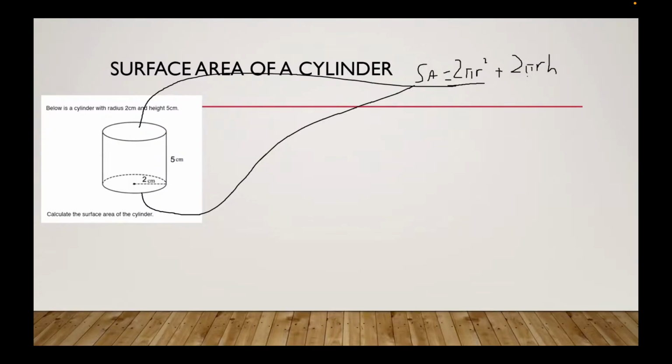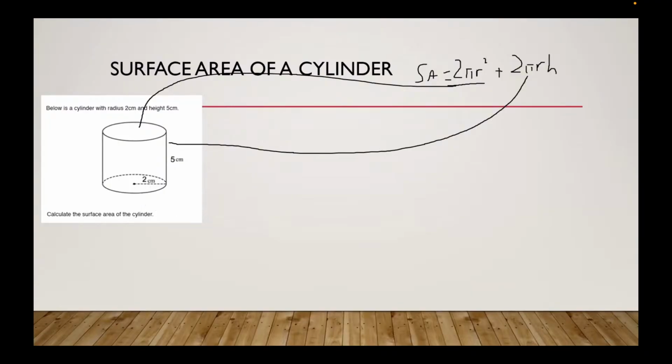And the 2 pi r h part of the formula just refers to the rectangle that is wrapped around the cylinder. So a cylinder is made of two circles and one rectangle that's wrapped completely around. The first part of the formula represents the circles, and the second part represents the curvature, or the rectangle around the cylinder.